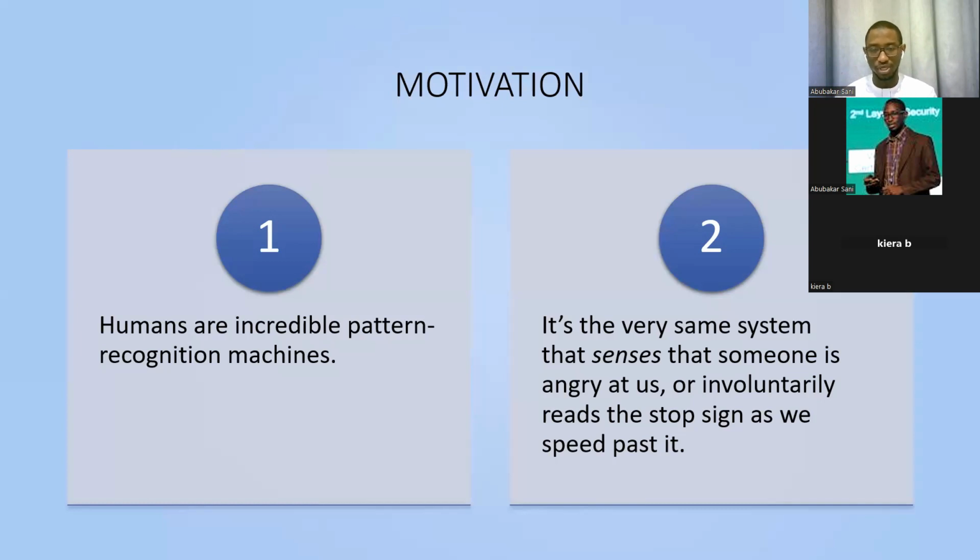These are the motivations. First of all, humans are incredible pattern recognition machines. A human being, even a young kid, is able to recognize good things from bad things. For example, when you see a small kid playing, and then suddenly an ice cream truck comes and parks. After tasting ice cream maybe once, the moment that kid sees an ice cream truck, he has already associated ice cream with nice things, with a good feeling.